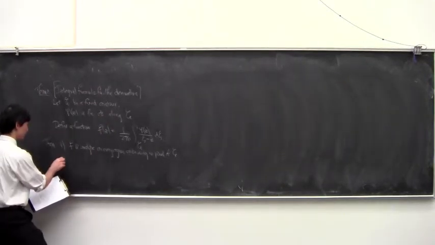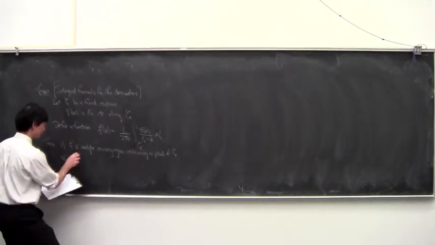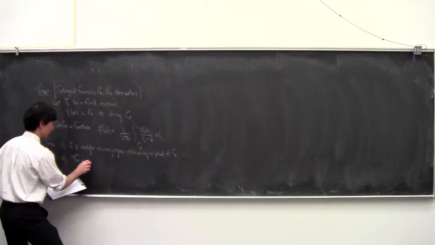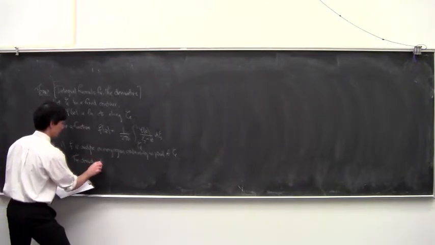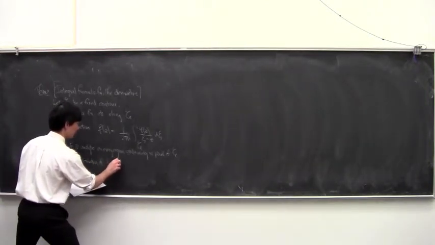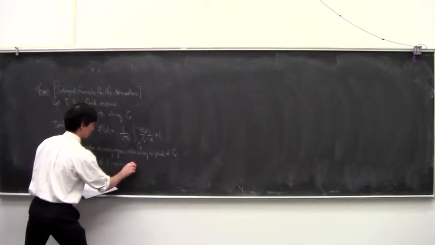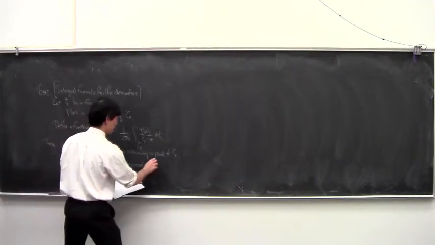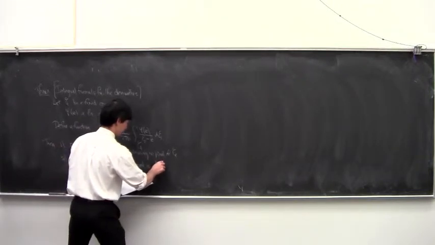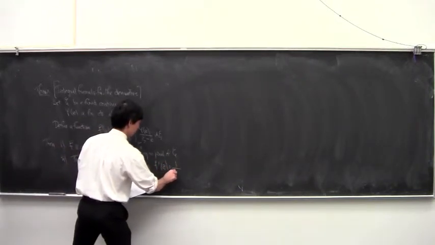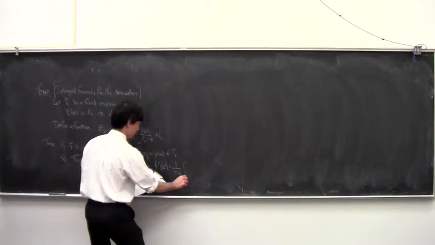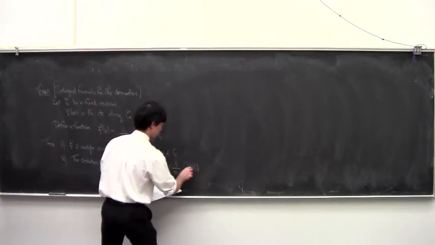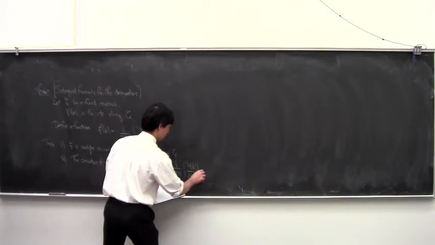And further, the derivative of f can be expressed as f prime of z equals 1 over 2 pi i, the integral of phi of zeta over zeta minus z squared, d zeta.